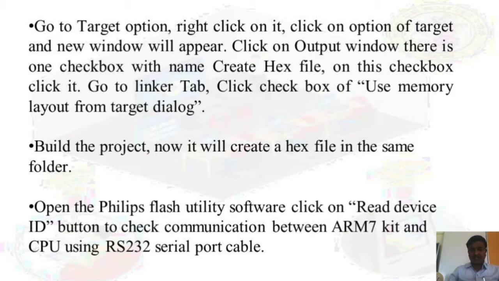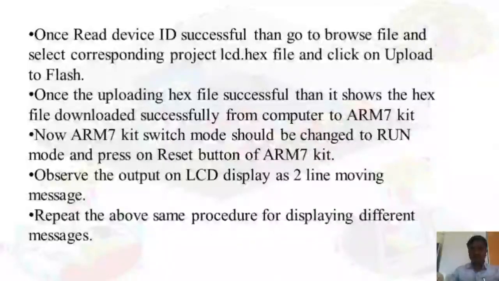Open the Philips Flash Utility software, click on read device ID button to check communication between the ARM7 kit and CPU using the RS-232 serial port communication cable. Once read device ID is successful, go to browse file and select the corresponding project lcd.hex file and click on upload to flash.